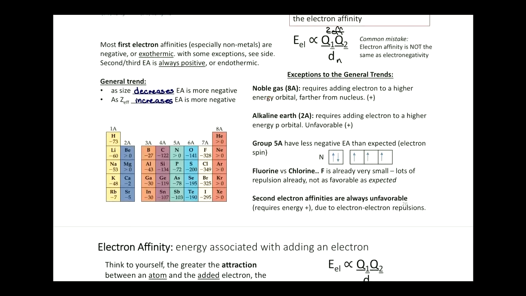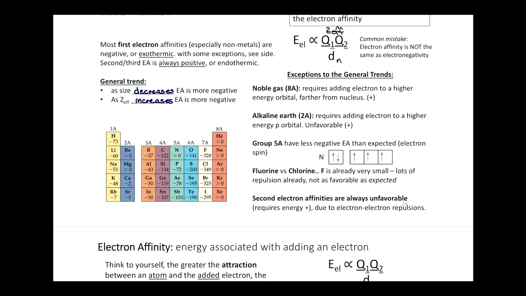So here are some exceptions. Noble gases always require energy to put electrons on them because they're already stable. The same kind of idea for alkaline earth metals. So for all of these elements, the added electron will open up a new p subshell, so that's not super favorable. So we typically see positive values.